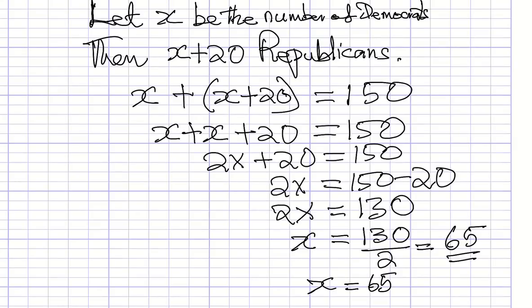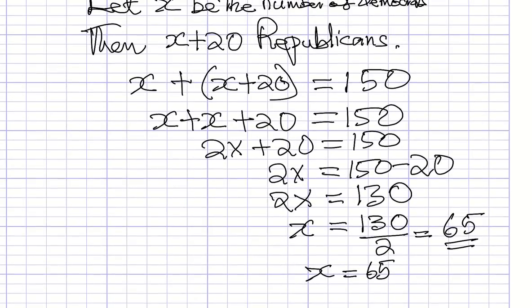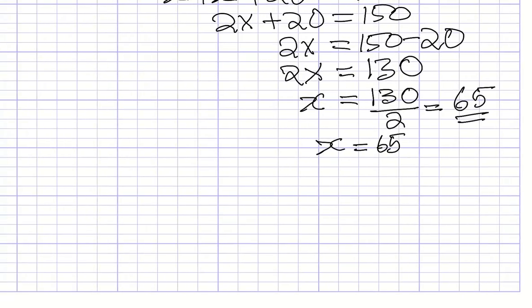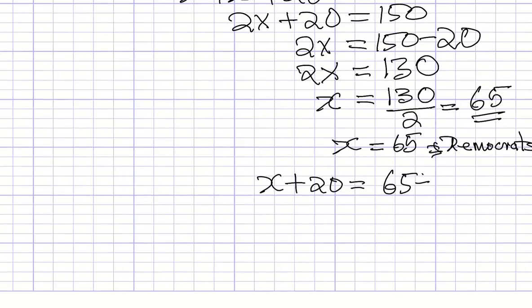If that's the case, then remember here, they said there are x plus 20 Republicans. So these are the number of Democrats. The number of Republicans would be x plus 20, which is, you put 65 in there, 65 plus 20.